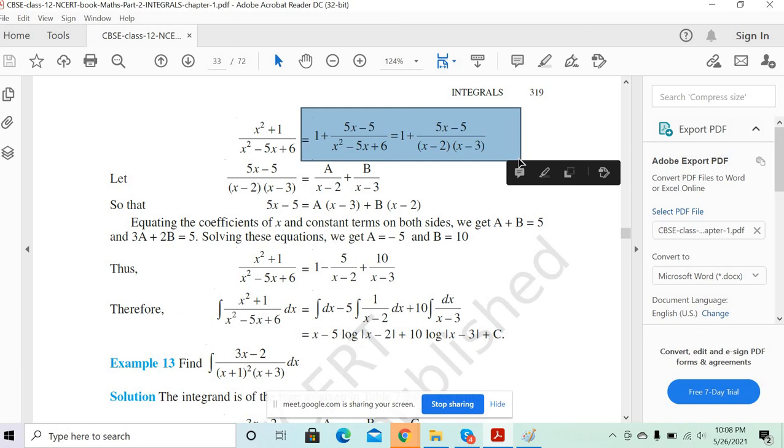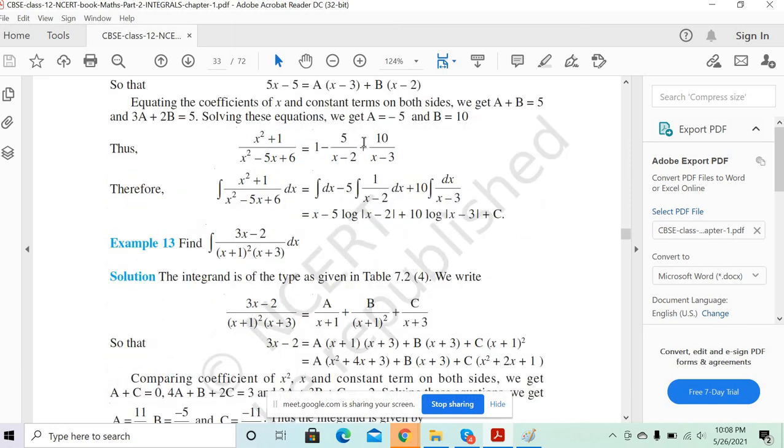Okay, sir. Understood the part? Clear? Excellent. I think this part is fine.